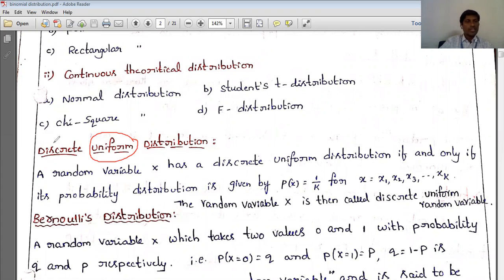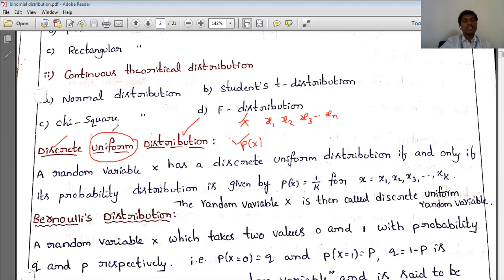Here we are constructing a discrete distribution. Already we said a discrete distribution is nothing but the x values, the random variables, and the corresponding probabilities that we require. For various values of x we can take x1, x2, x3 and so on up to xn. A discrete distribution is finding the values of x along with their probabilities. But here we are saying the distribution is uniform.